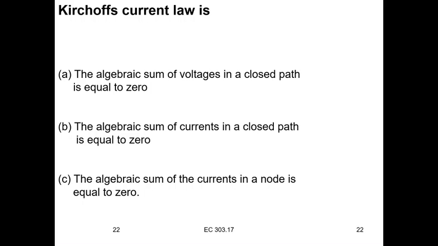See here, which one is correct? The answer is the algebraic sum of currents in a node is equal to 0.